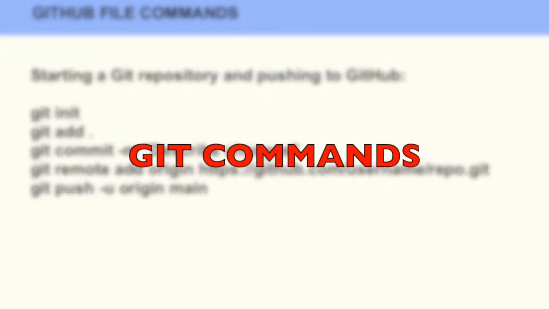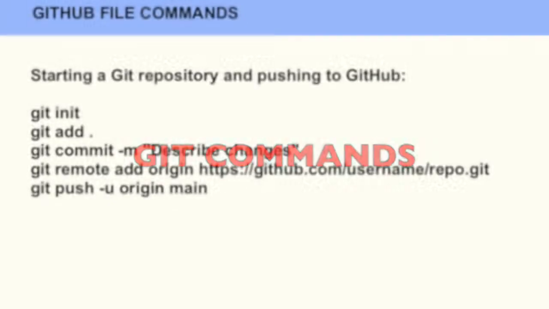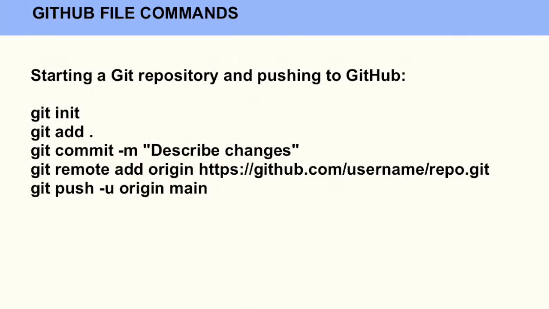Starting a Git repository and pushing it to GitHub involves a few basic steps that connect your local project to an online repository. First, git init is used to initialize a new Git repository in your project folder, allowing Git to start tracking files. Next, git add stages all files so Git knows which changes you want to save.